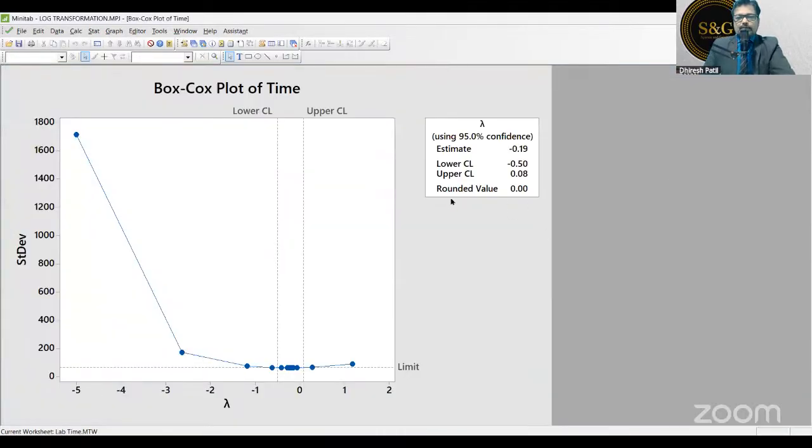Now there is something called rounded value 0.00. If you see here, this symbol is called lambda. With this rounded value 0, that means our lambda value is 0. So with this Box-Cox process, we get a value called lambda. Now, what do we do with this lambda value?